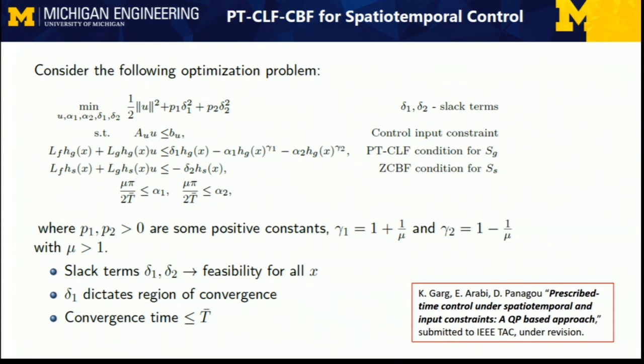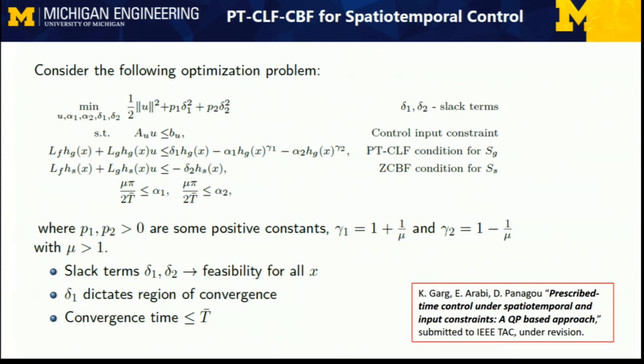So the addition of these slack terms can guarantee that we have a QP that is feasible at its x. And essentially, what we do here with this delta 1 is to relax the region of convergence, if you wish, the region of attraction for which we can reach the origin within the given user-defined prescribed time.